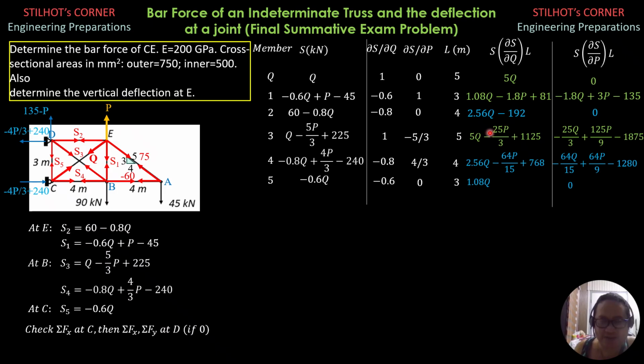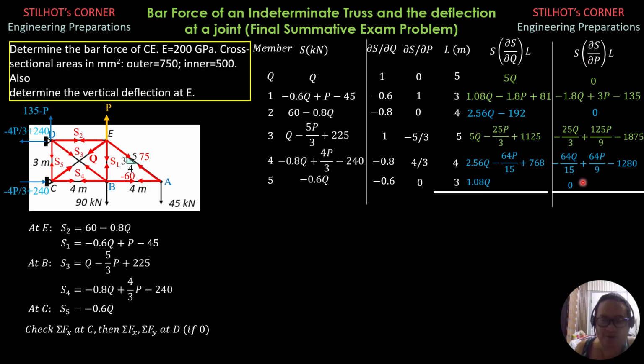We add corresponding members, inner and outer. We are supposed to multiply this by 1000 squared divided by area and E, which is 200,000, but 1000 squared and E are common to the calculation, so we just ignore them. We can cancel them as follows.